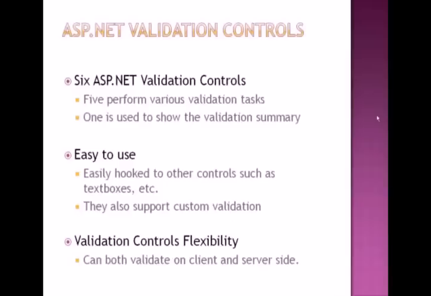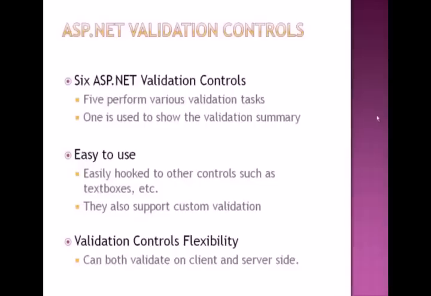ASP.NET 4 has six useful controls to perform validation in websites. Five of these controls perform actual validations, and the final one, the validation summary, is used to provide feedback to the user about any errors that have been made in the page. The validation controls are very helpful in validating the data that the user enters into the system.